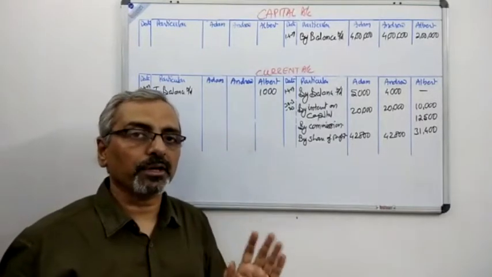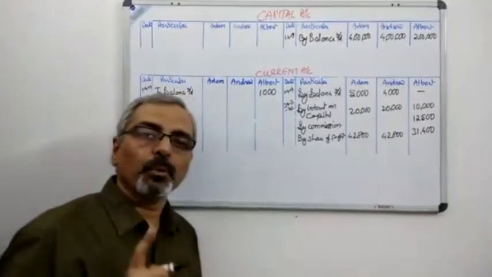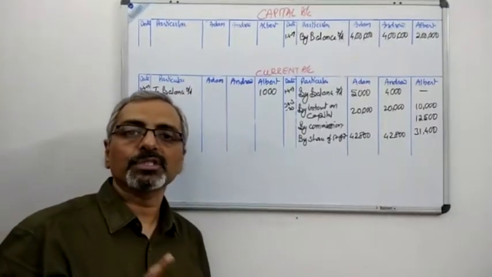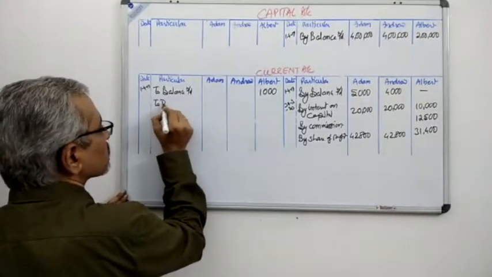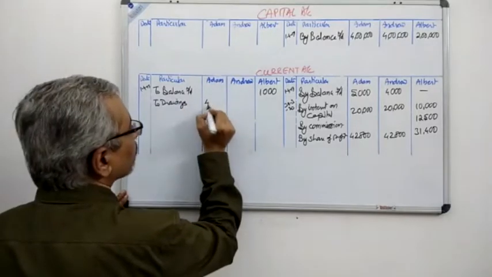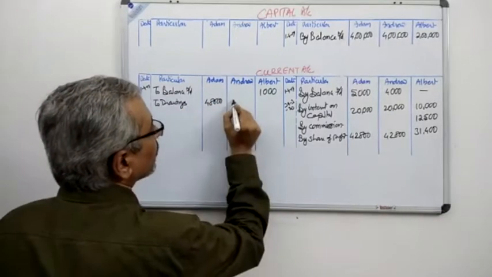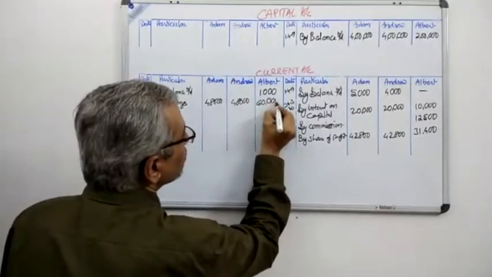Now let us concentrate on the debit side of the current account, where there will be two entries. Number one is the drawings, and number two is the interest on drawings. So we have over here the drawings. Remember very carefully, Adam 48,000, Andrew also 48,000, but Albert it is 60,000.